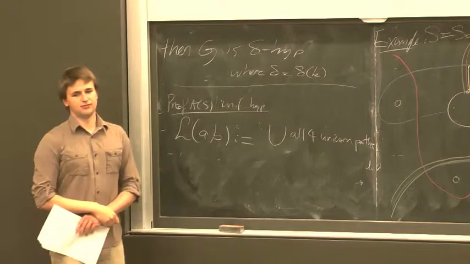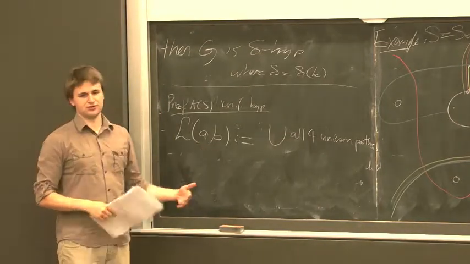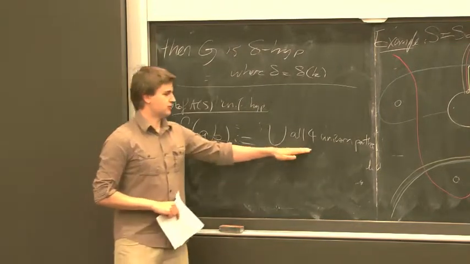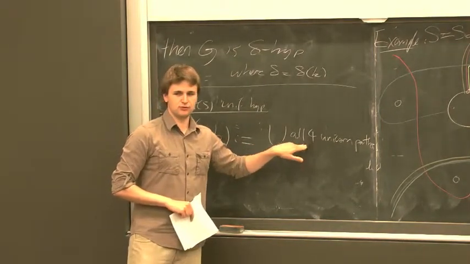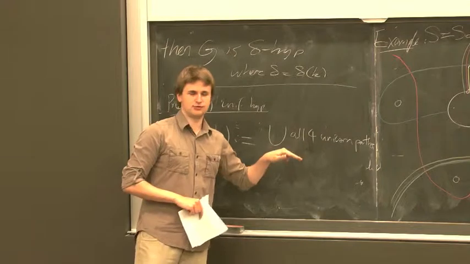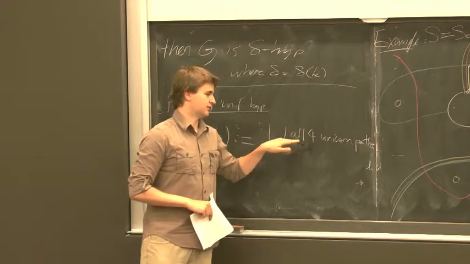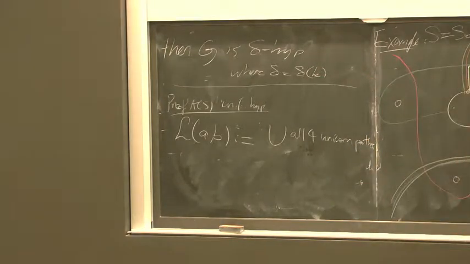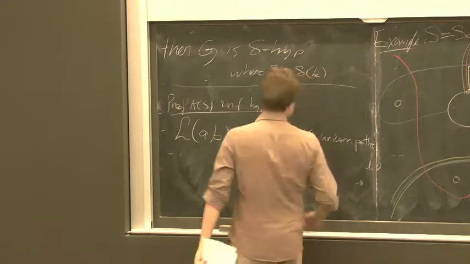If A and B are disjoint, just take all four unicorn paths, there's four because there were four choices of endpoints, two for each arc. And you get, by this lemma, you can take K equals 1 in the criterion. And that's the end of the proof.